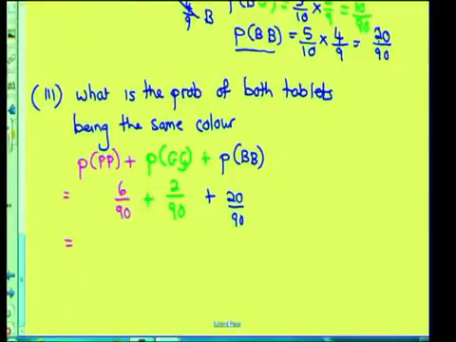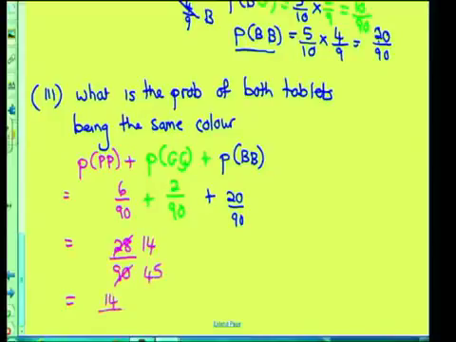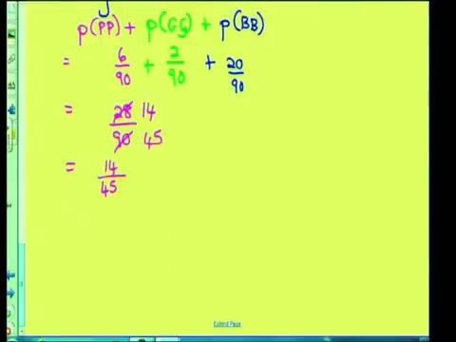Now if I add that up, 6 and 2 is 8, 8 and 20 is 28 out of 90. And if we cancel 2 into that, it goes into there 14 times, and 2 into there will go 45. That's as far as we can go, 14 45ths. If you look at that, that is approximately almost 30%, 31% round there.